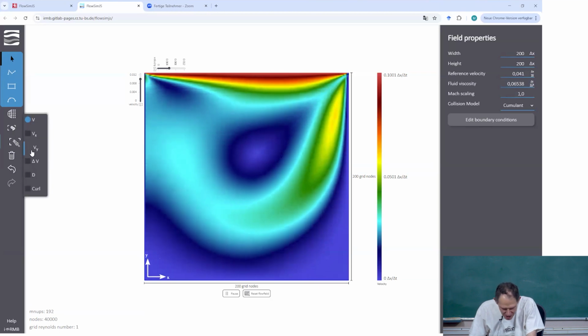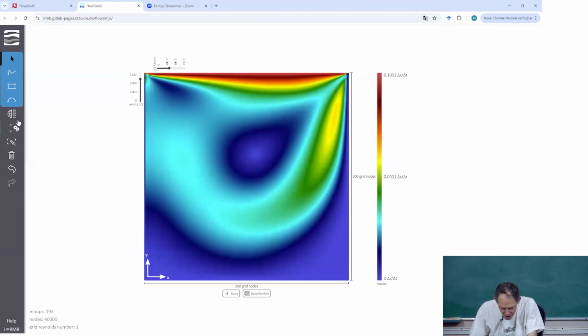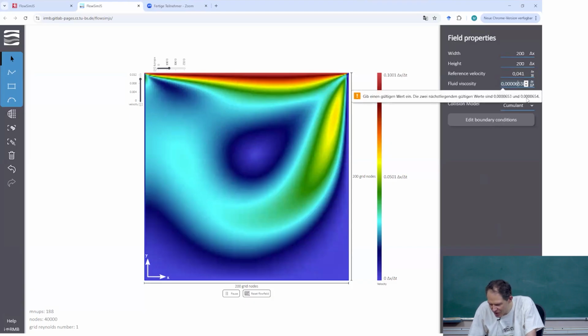we currently see, by the way, is the velocity. I guess we can also, do we want to see curl? Okay, it does not, in this case, go back to the velocity. So now I put the viscosity much higher, so Reynolds number lower.